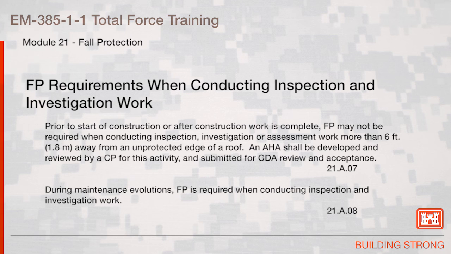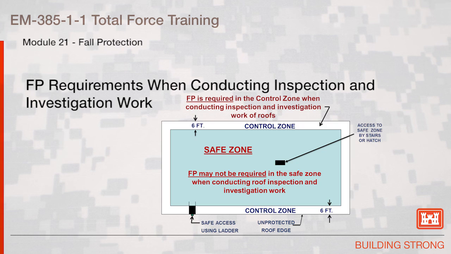An AHA shall be developed and reviewed by a competent person for this activity and submitted for GDA review and acceptance. During maintenance evolutions, fall protection is required when conducting inspection and investigation work.